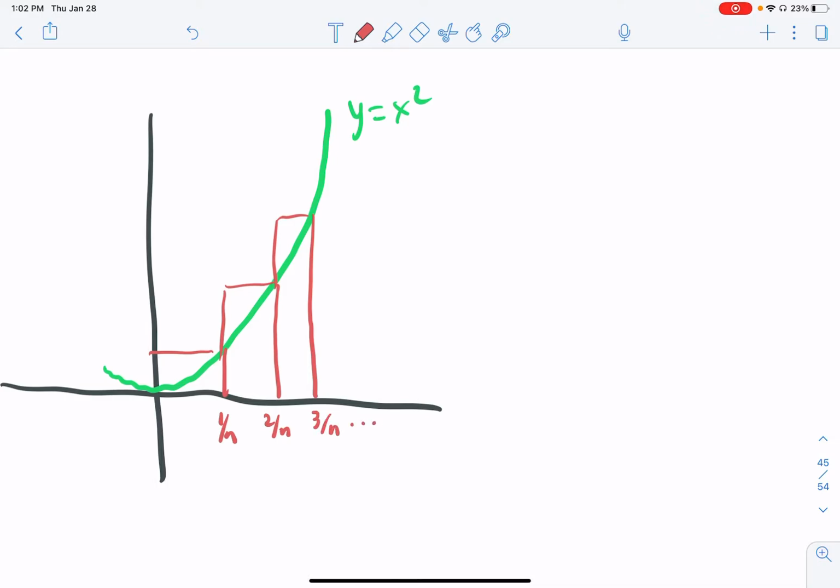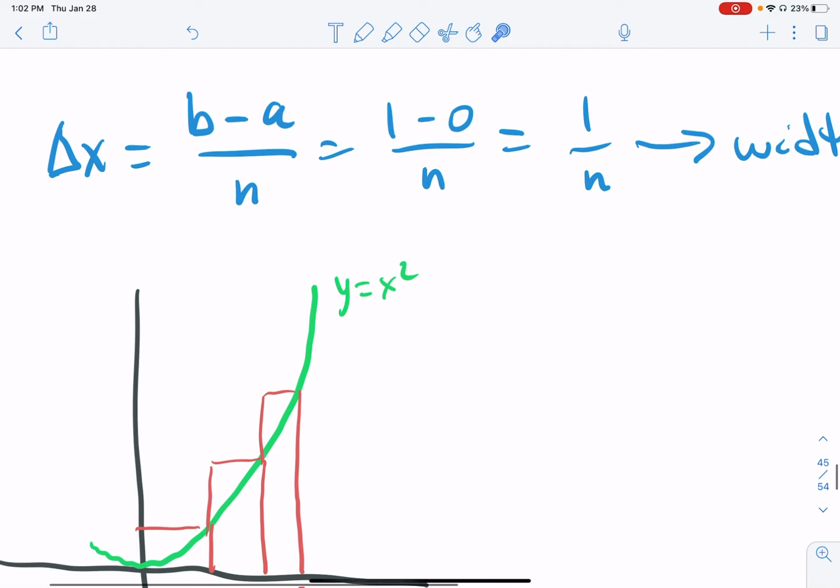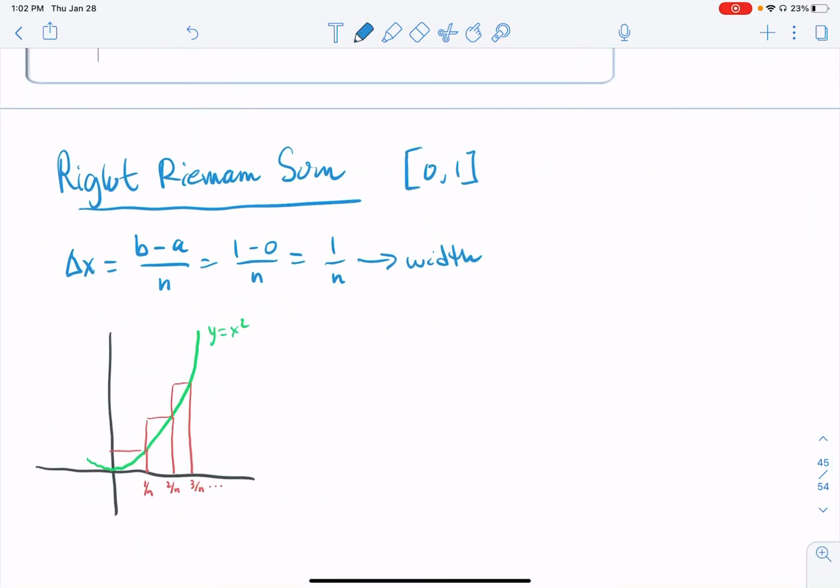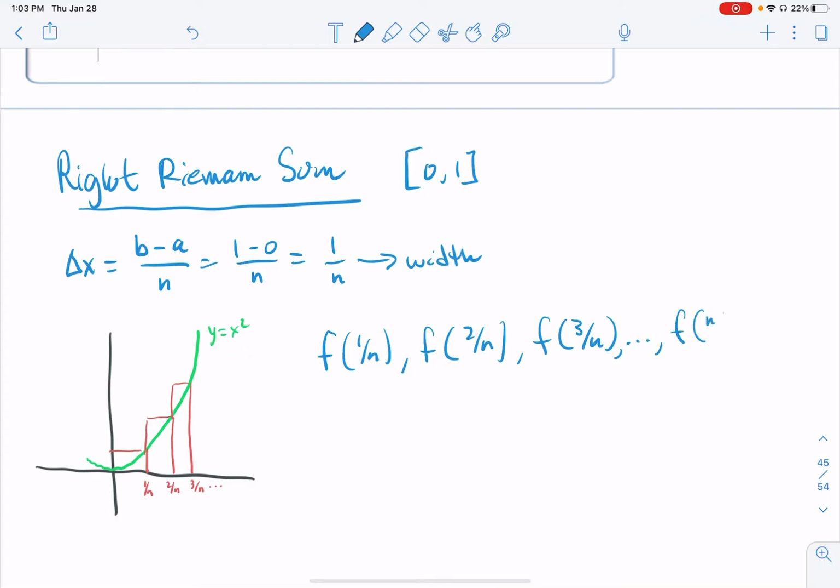And we would take those values and plug them into the function to find the height of each one of these little rectangles. So our heights should be f of 1 over n, f of 2 over n, f of 3 over n, and you're going to continue until you get to f of n over n, and n over n, of course, is 1. It's this other endpoint that's over here.